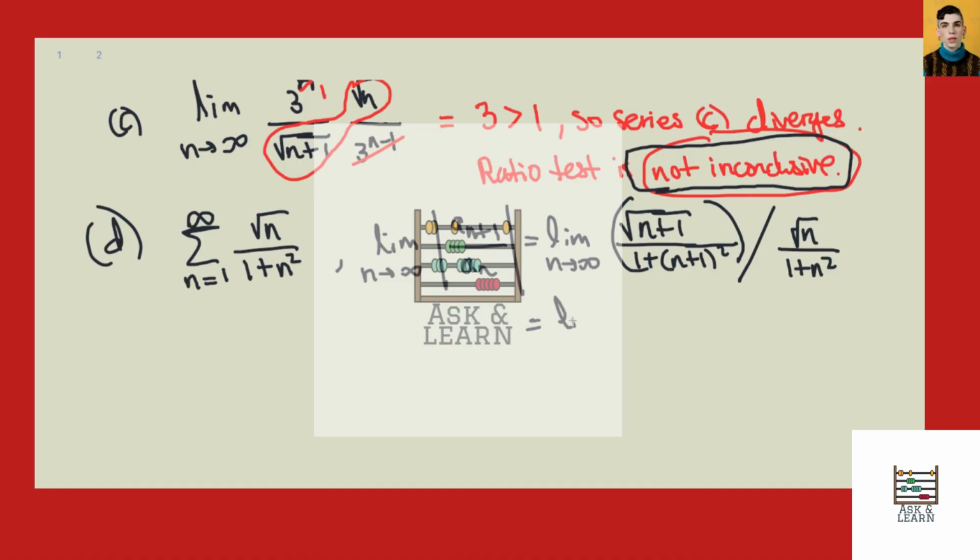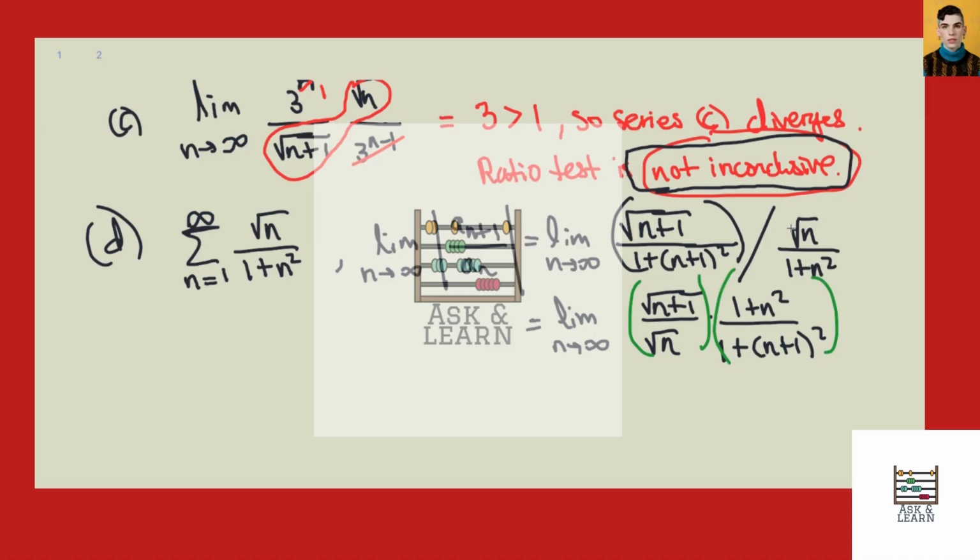So as usual, we'll go ahead and take that second fraction and flip it upside down and multiply it. And we can verify that both of these limits are 1. So for the first fraction, if it helps, you can rewrite this as n plus 1 over n, 1 plus 1 over n.